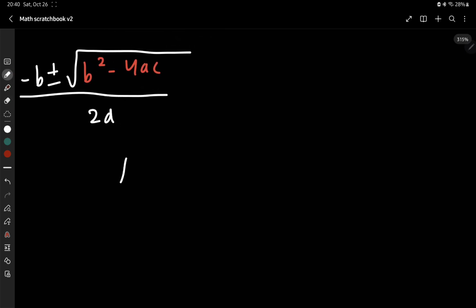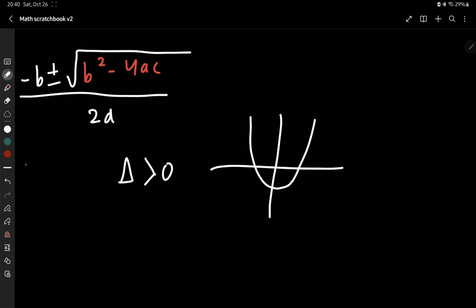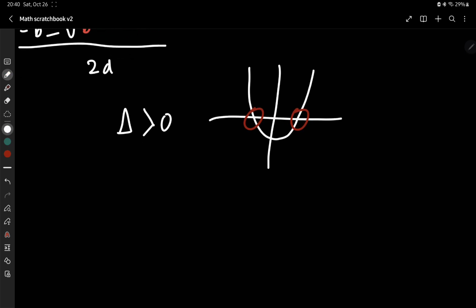And that's why when you learn discriminants, if delta, the discriminant, is greater than 0, then you get 2 roots. So if we do this, we get like 2 points of intersection here and here. And if delta equals 0, we only get 1 root.